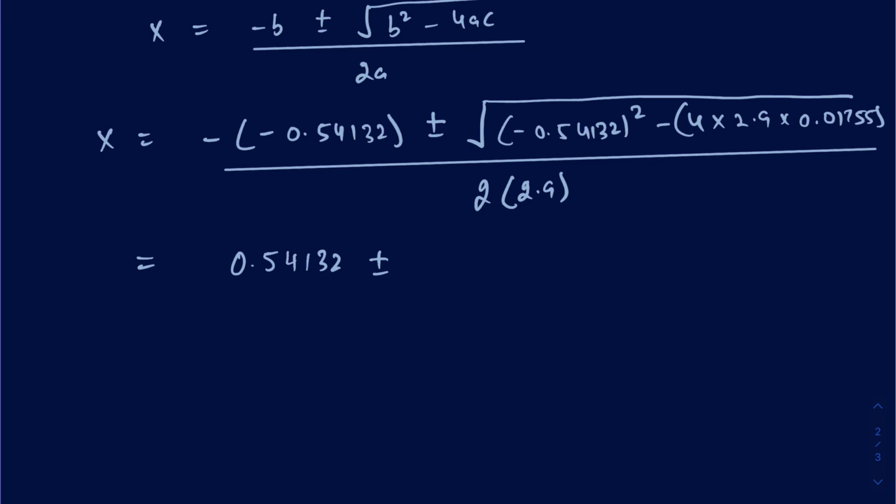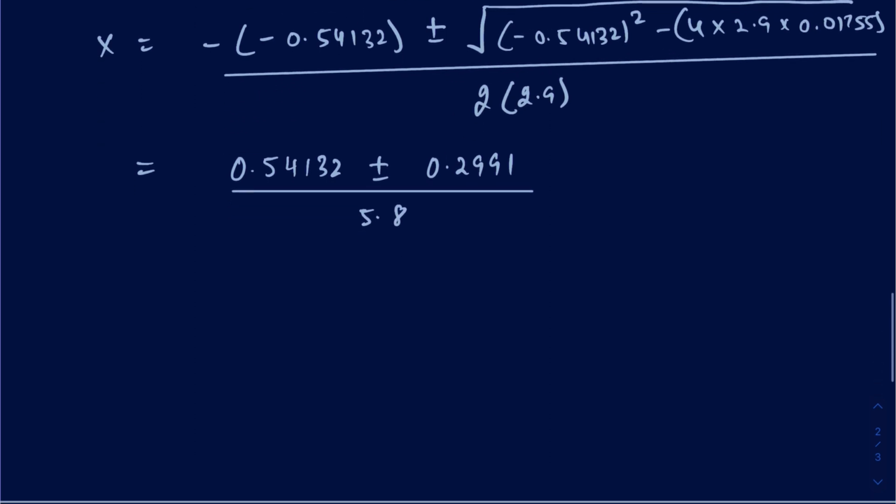So whatever you get, you got to take the square root of that. So when you take the square root, this comes out to be 0.2991, and in the division, you're going to have 2 times 2.9, so that's going to be 5.8.